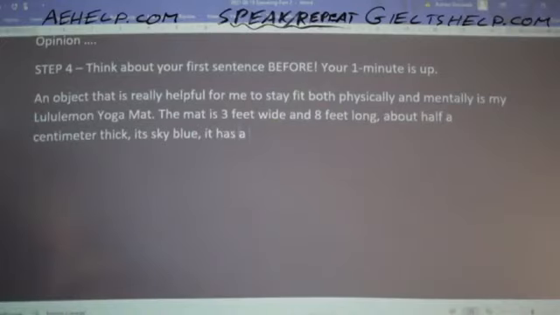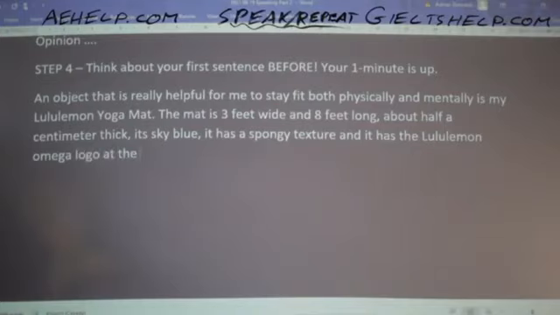It has a spongy texture, and it has the Lululemon Omega logo at the top center of the mat. Okay, as many yoga mats do have those.